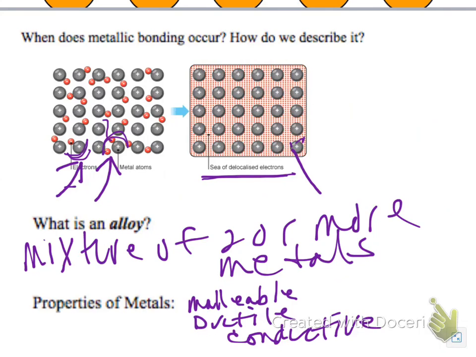You've probably seen on TV the really, really hot containers where they melt them and mix them. It's not a chemical reaction, it's just a physical change. It just requires a whole lot of energy to get them melted so that they can mix. Some common properties of metals are that they're malleable, ductile, and they conduct both heat and electricity.